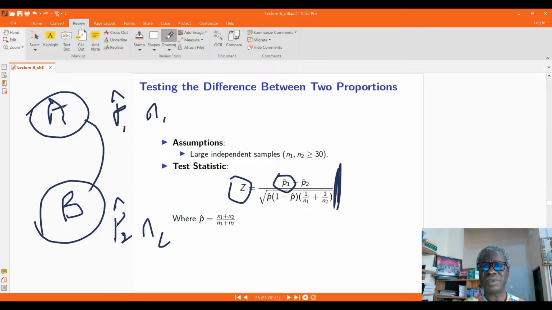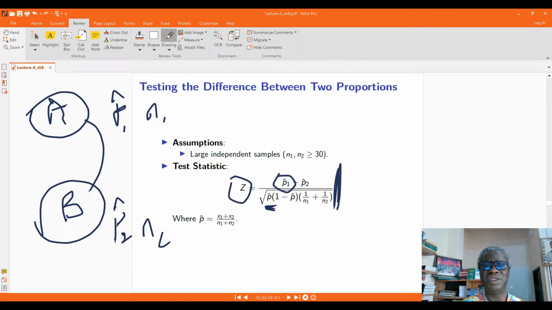But take note of this P. This P here, you will notice, doesn't have the subscript.